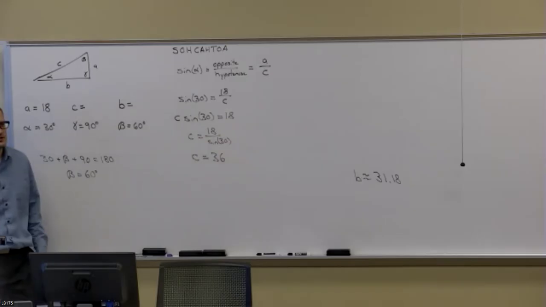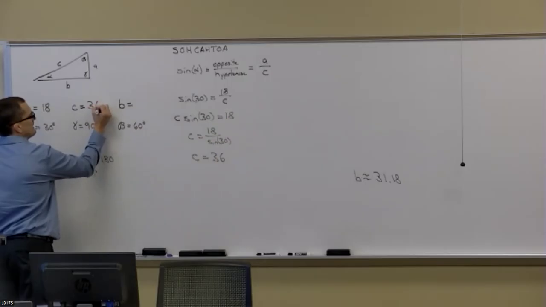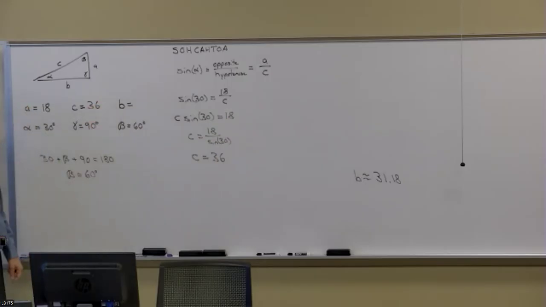So sure enough, I get 36 that way as well. Can I follow that? So I could have found C using SOHCAHTOA in this case because it's a right triangle. And notice that the law of sines and SOHCAHTOA give me the same value for C.